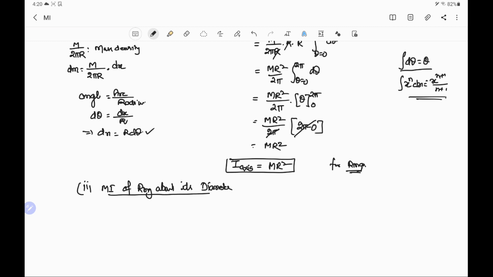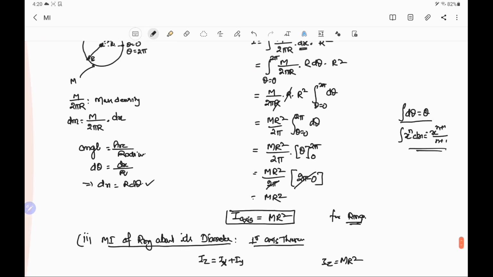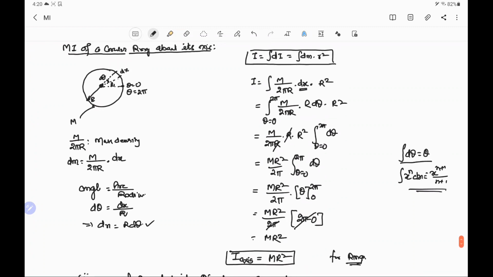For that, we have to use the perpendicular axis theorem. From the perpendicular axis theorem, we have written Iz equal to Ix plus Iy. Here, our axis is perpendicular to the plane and passes through the center, so Iz equal to mr square. And if we see the figure, the distribution of the mass about the x and y axis will be symmetrical, or about any diameter it is symmetrical.